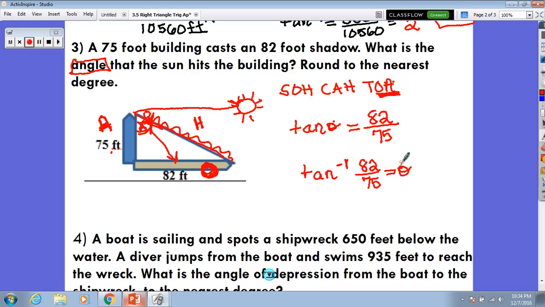And then 82 divided by 75. And once again, they want us to round our answer to the nearest degree, which means we need whole numbers. So I would say theta is equal to 48 degrees. And this is my answer.